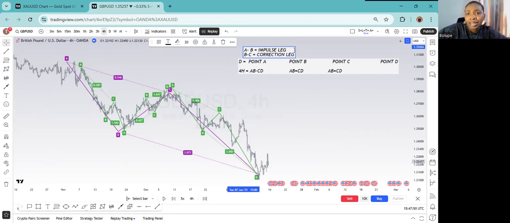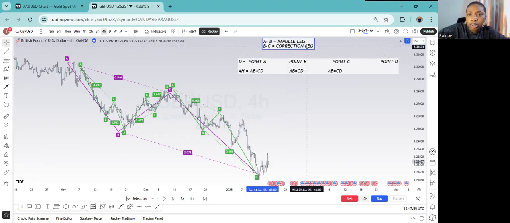You can call it phase one. You can call it phase two. You can name it anything, but impulse means what's happening right now.